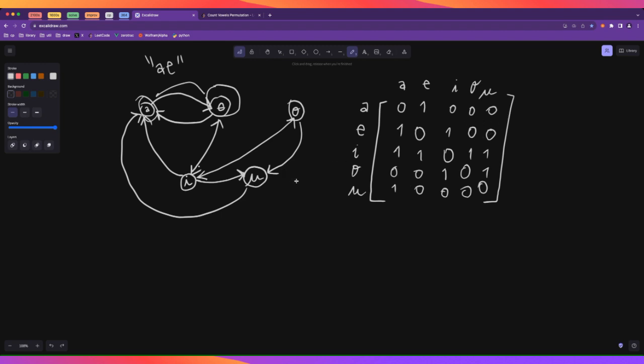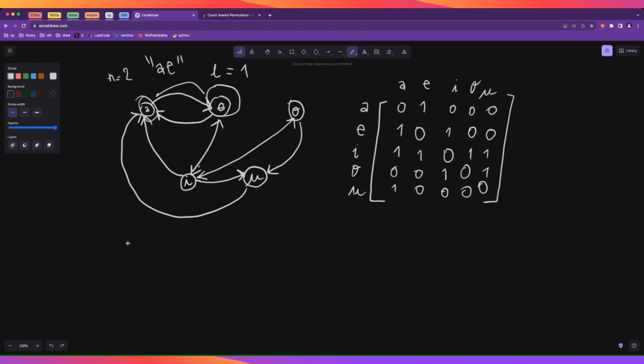Essentially, we want to count how many paths there are of some length. Notice there's a detail: this string has n equal to 2 here, but the length of the path is only 1, because the path length is counted as the number of edges.